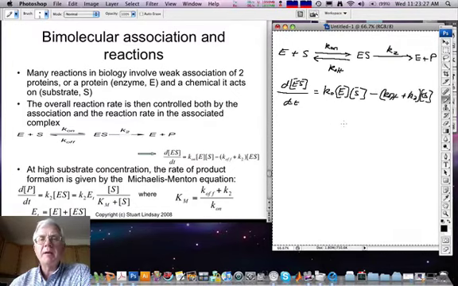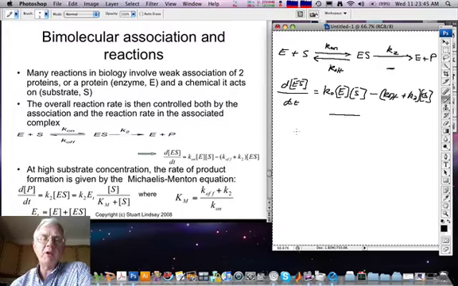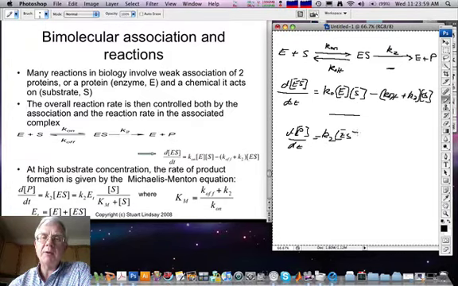So we're going to make several assumptions to simplify the kinetics. Remember, the concentration of enzyme and substrate are changing with time. And our assumptions are going to be that the rate limiting step is dominated by K2 for the formation of product. So with that then, we can say that the time rate of change of product is given by K2 times the concentration of the bound complex.